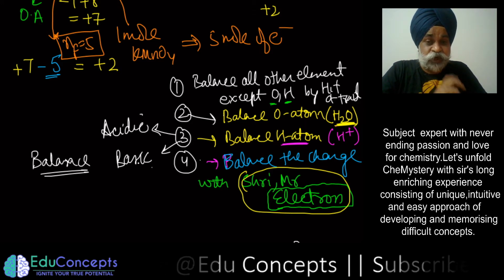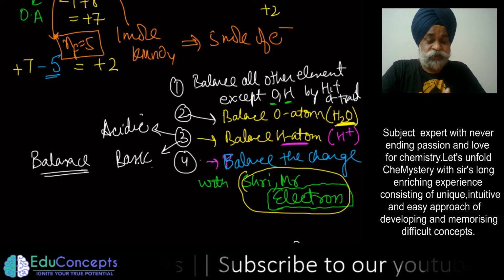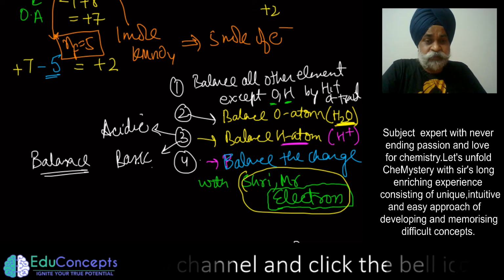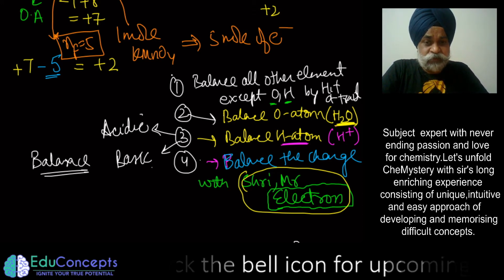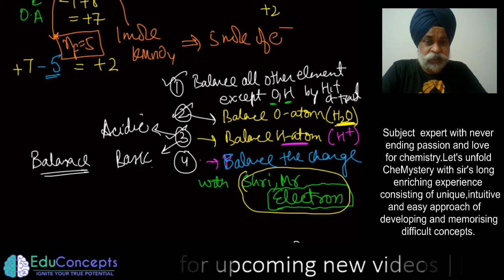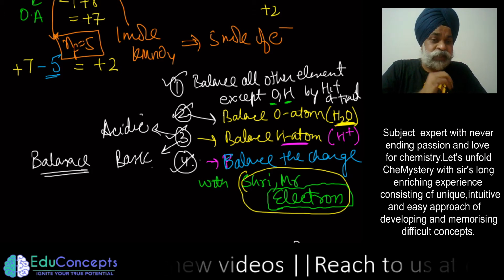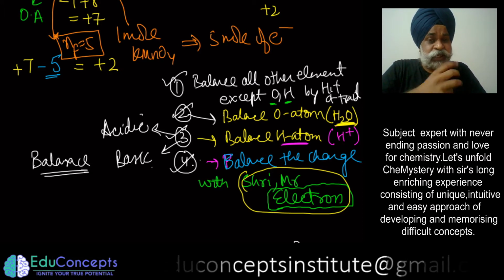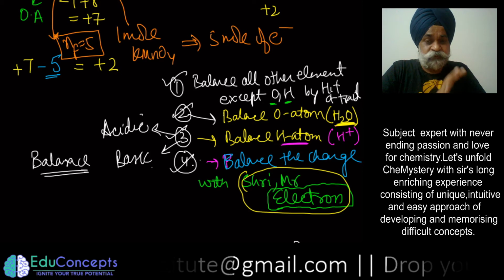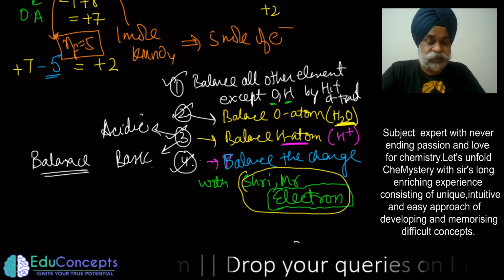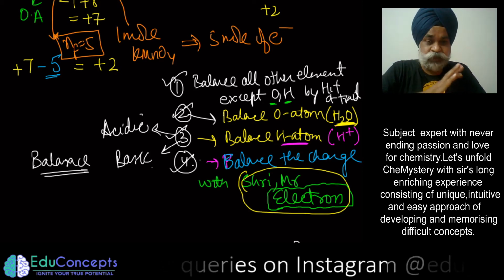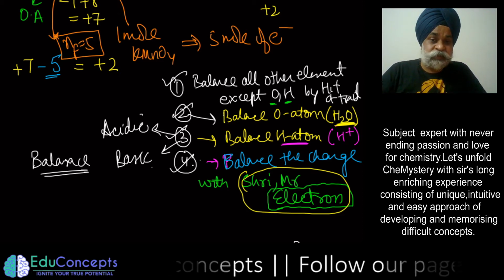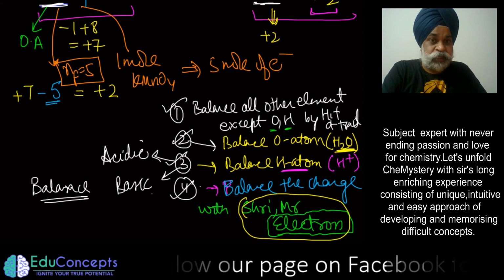Most of the reactions, if you engage any of these four steps, whether you do the balancing in acidic medium or basic medium, the N factor tends to come to the same value, that is 5 only. If you balance this reaction in basic medium also, you would get the answer 5. But that is not a correct way, because in basic medium this reaction doesn't turn up to Mn2+.